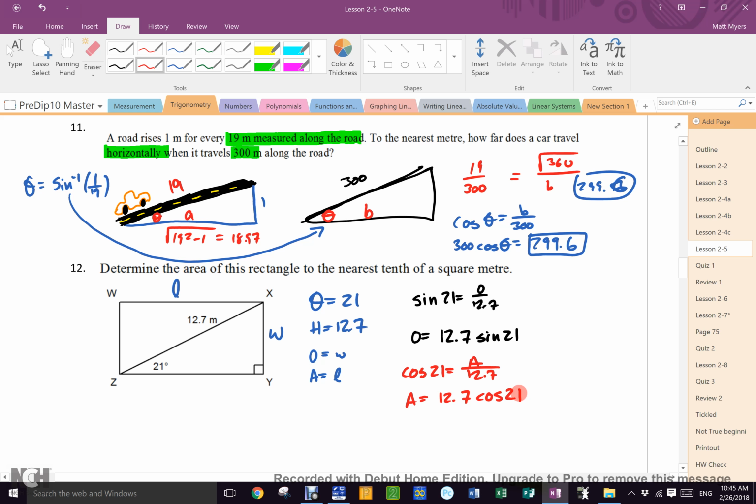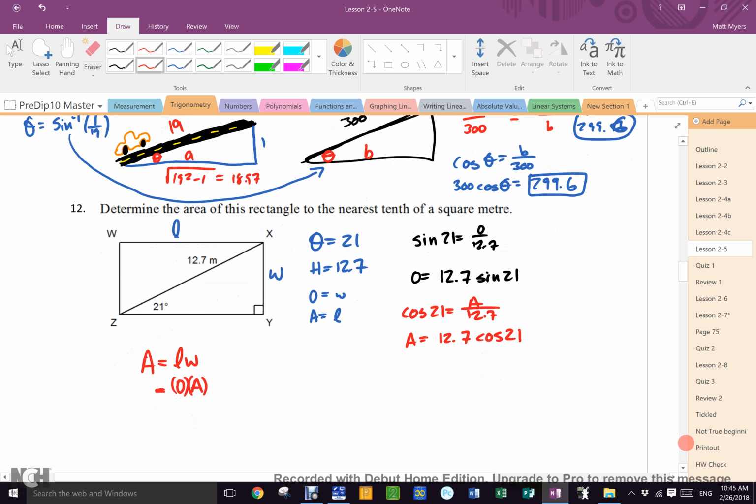What did I know about area? It's length times width, which was O times A, wasn't it? And O times A is 12.7 sine 21 times 12.7 cos 21. Now I go to my calculator. What do I have to remember when I am punching this in?